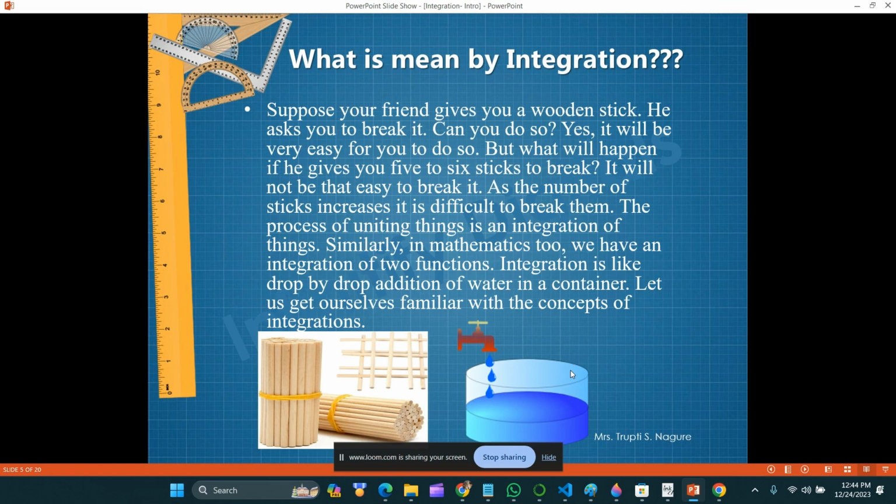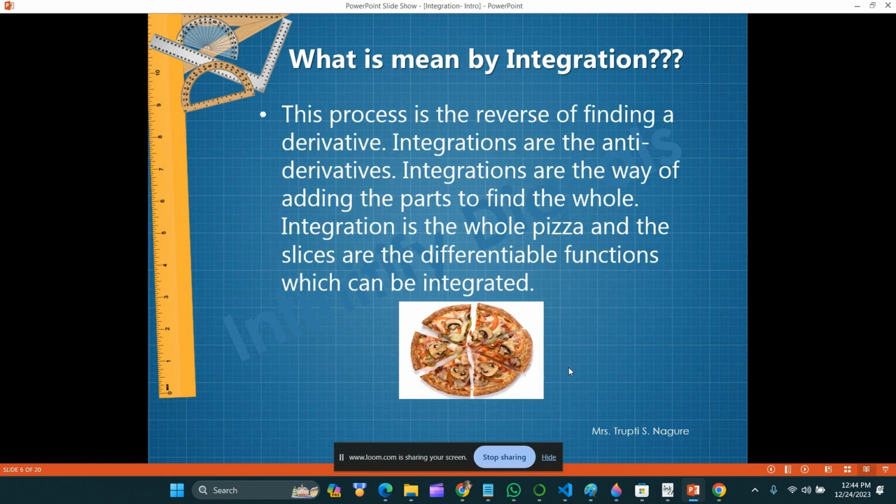Okay, so let us get ourselves familiar with the concepts of integration. These are some small examples. And another very interesting example is the pizza.